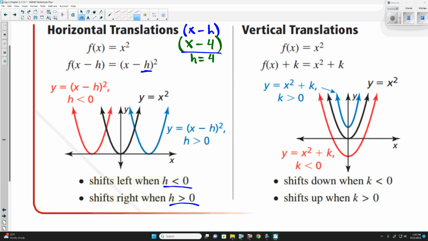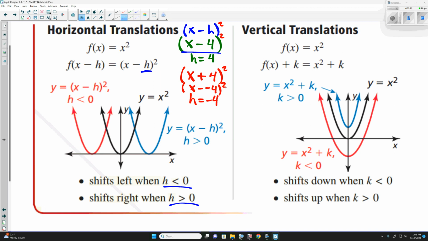The same is true if I said x plus 4, and both of these should be squared technically. Again, x plus 4 looks like it should be going to the right 4, but the value of h in this case is not positive 4, it is negative 4. Because what this is really saying is that we have x minus negative 4 squared.